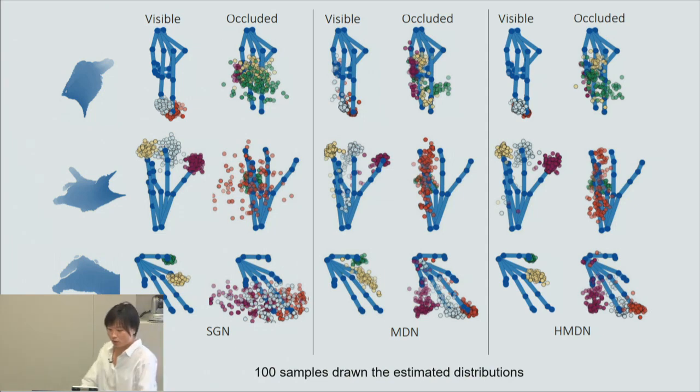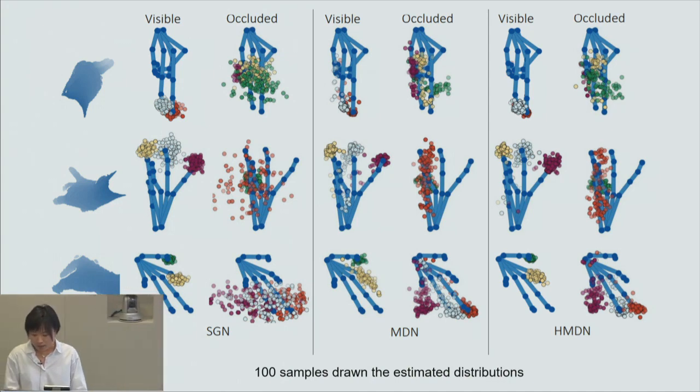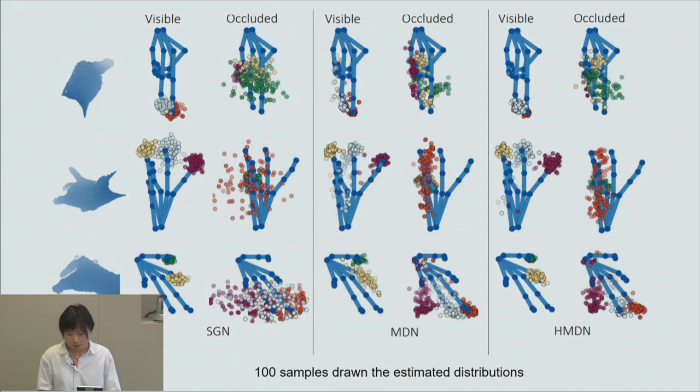And for the occluded joints, the samples produced by SGN are in a broader range and overlap with other joints. And the samples produced by HMDN, our proposed method, are scattered in the movement range of the joints.